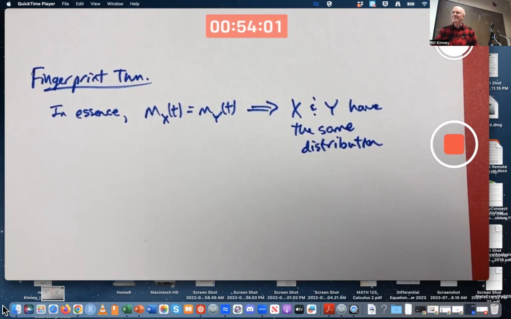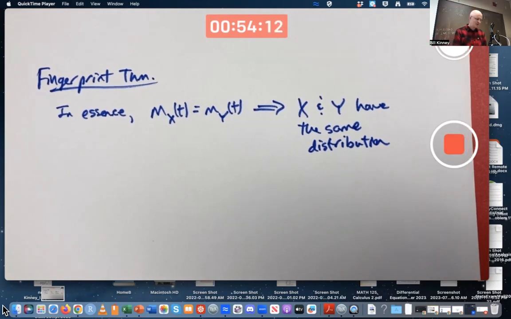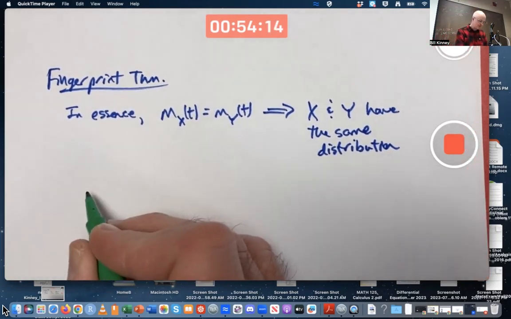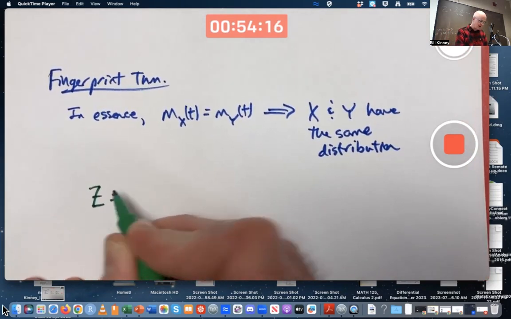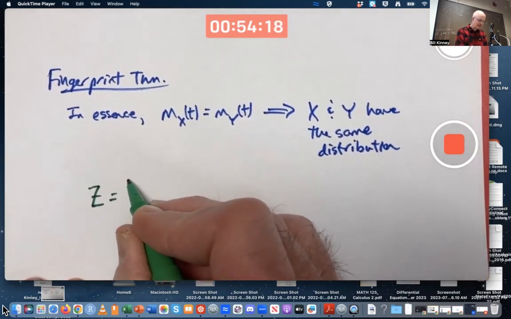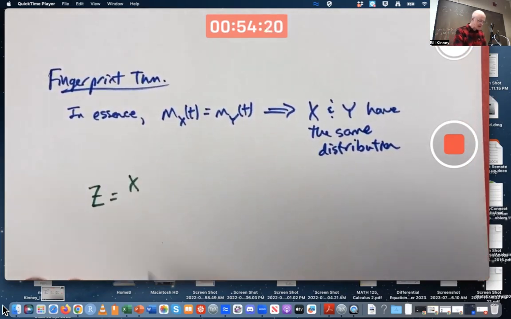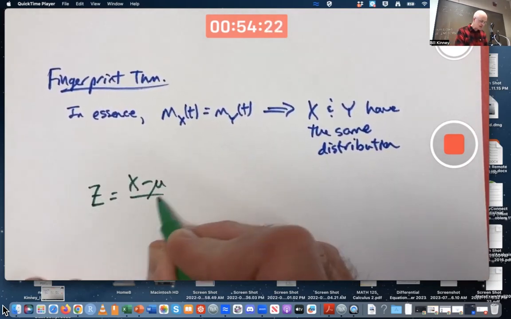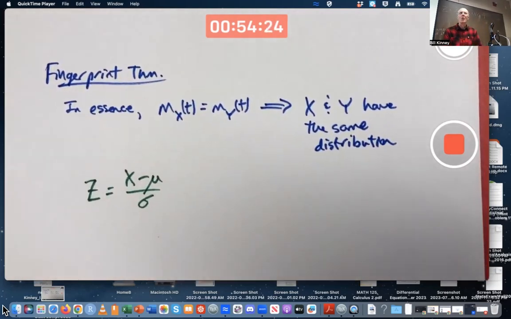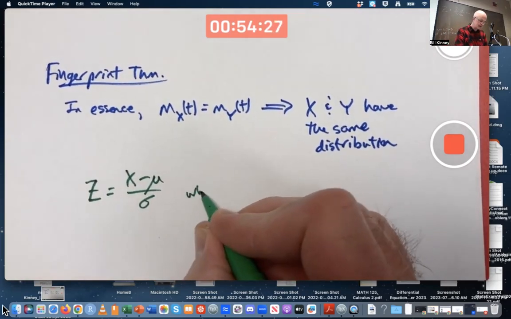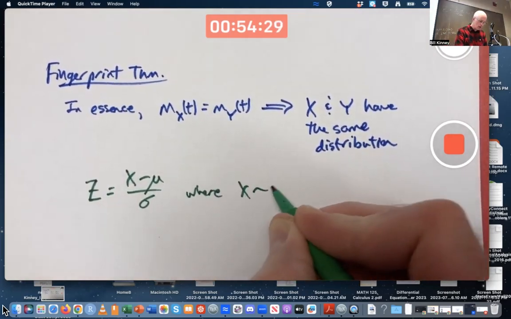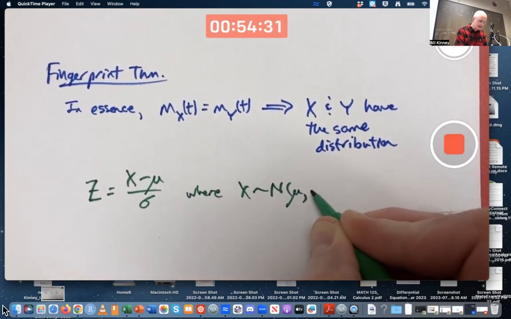Now you might wonder, how could you possibly apply this? We definitely can apply this. The first application is to figuring out the distribution of, let's say Z is a standardization of a random variable X, where X is normal with mean mu and variance sigma squared.